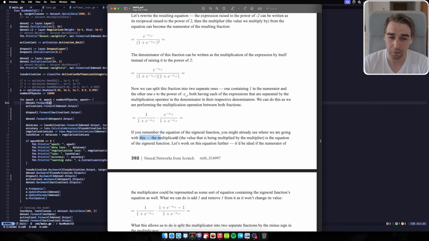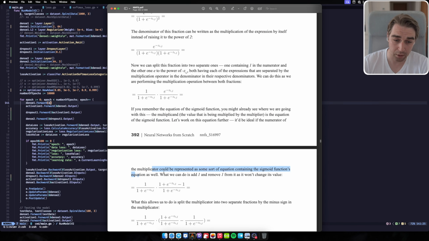The multiplicand, the value that is being multiplied by the multiplier, is the equation of the sigmoid function. Let's work on this equation further. It would be ideal if the numerator of the multiplicator could be represented as some sort of equation containing the sigmoid function's equation as well.